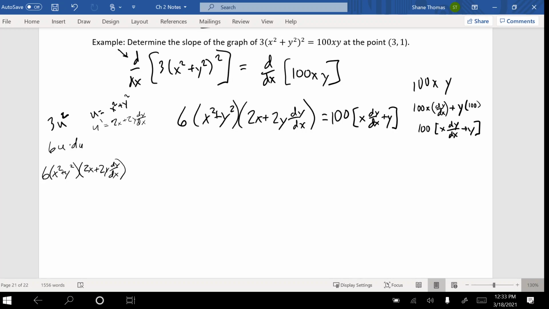Now I have to be able to get my dy/dx's on a side by themselves. I get a little problem here though. They're both contained in parentheses, right? So I probably shouldn't have factored that. Should have just left it out. We'll distribute this 6 through to get rid of this parentheses.